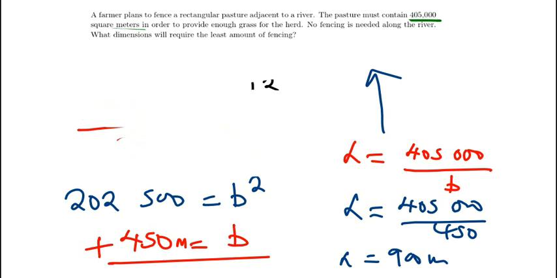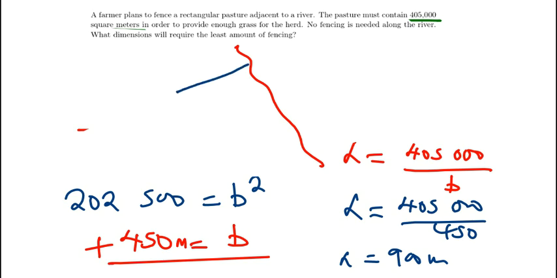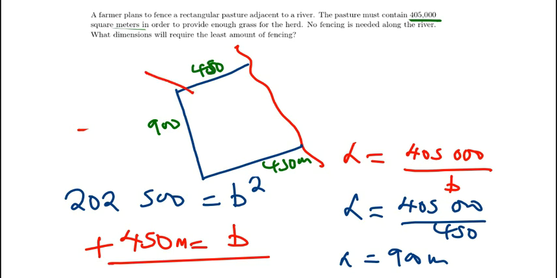So if we go back to the question, taking the assumption that our river is along the longer side, we have a breadth of 450 and a length of 900. So basically this is what we have pictured to give us the best dimensions that would require the least amount of fencing, in my view.